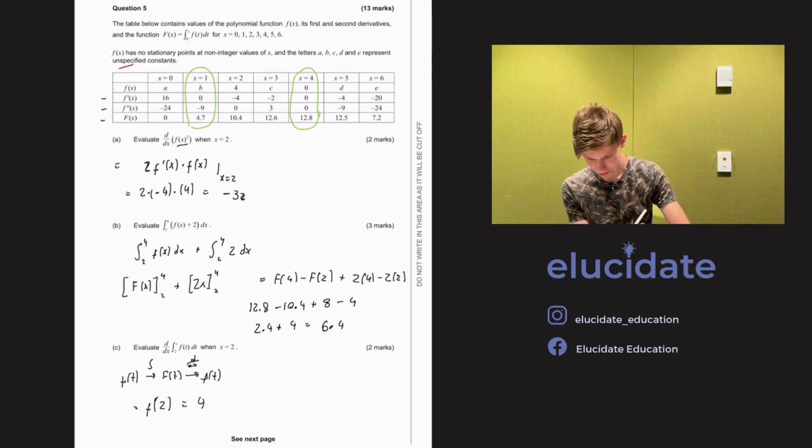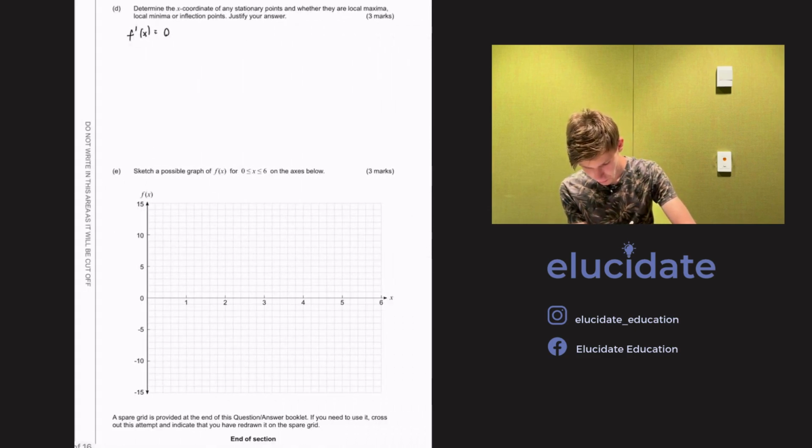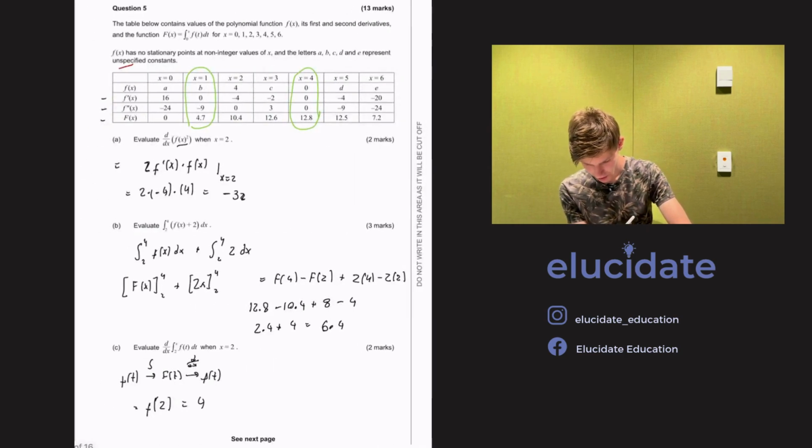So one of our solutions is going to be at x equals 1. At x equals 1, we know from this information about the second derivative here that the gradient is decreasing, right? The rate of change of the gradient is negative. That means that the gradient is decreasing.